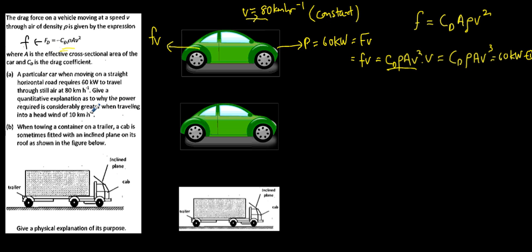Now for the second part, they say give a quantitative explanation as to why the power required is greater when traveling at a headwind of 10. What is the meaning of headwind of 10? It means an additional 10 km per hour. You move at a faster rate of 90 km per hour, in other words. Obviously, when you move faster, there is additional frictional force acting on this car in this direction.